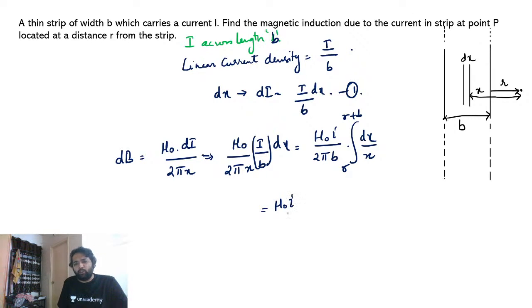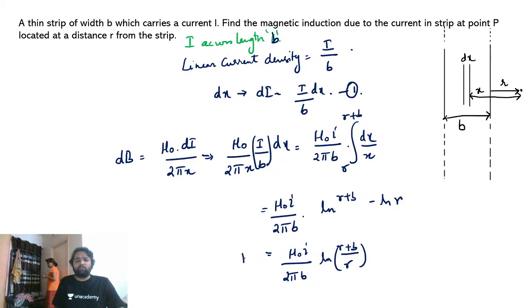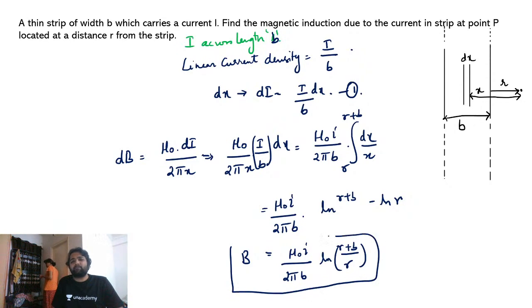So equate the whole value. Mu naught I by 2 pi b into ln r plus b minus ln r. This is coming out to mu naught I by 2 pi b ln of r plus b by r. So this is the field, guys. एकदम simple solution.